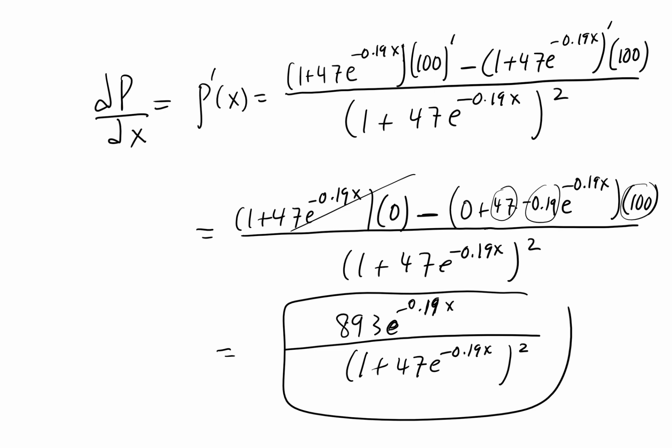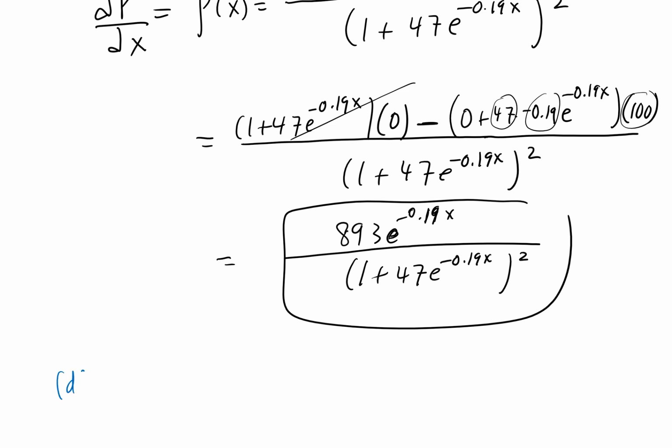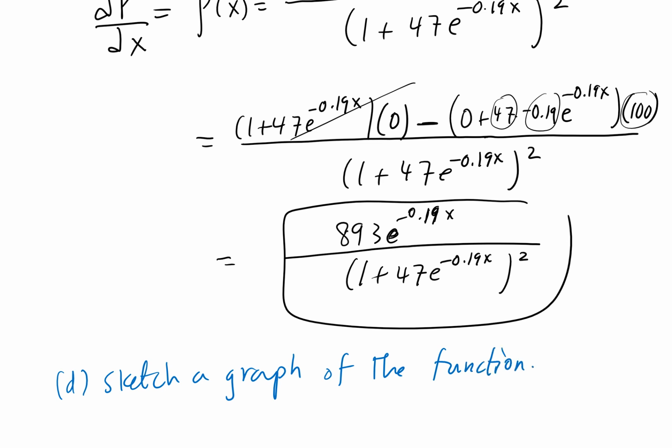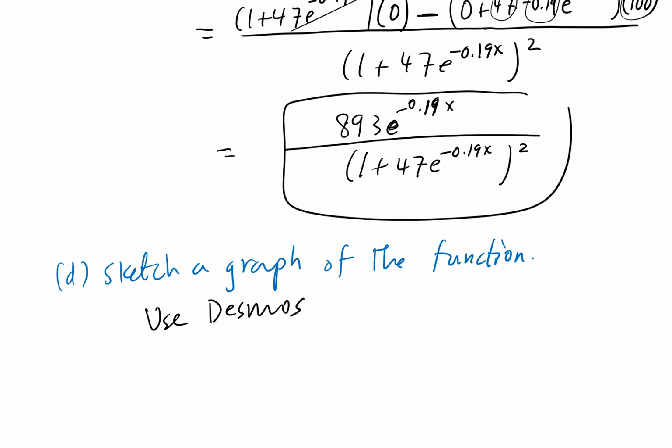If I want to add one more part, sketch a graph of the function. Of course, to sketch the graph, you can use a free software online called Desmos, not by hand, to graph the function P of x.